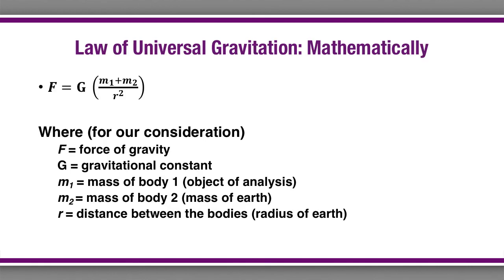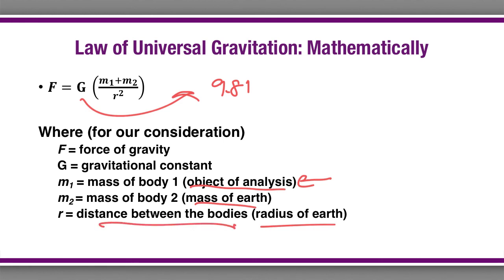So mathematically, the force of gravity is equal to the gravitational constant, or 9.81, times the mass of one body, which could be a ball or a person, here the object of analysis, times the mass of the other body, or the mass of the Earth, over r squared, which is going to be the radius of the Earth, or the distance between the bodies.